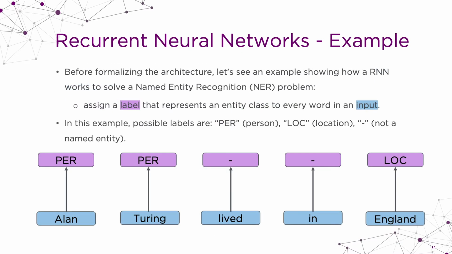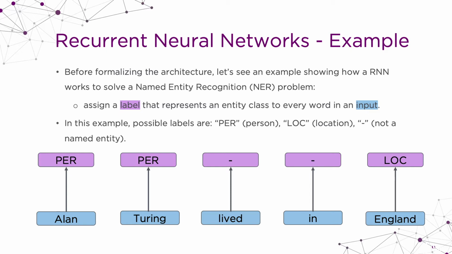So first let me introduce the problem for this example. It's a natural language processing problem called named entity recognition. It's actually a very famous problem in this area, but if you haven't heard about it, it's basically this problem of, given some text, I want to attach a label to every word.